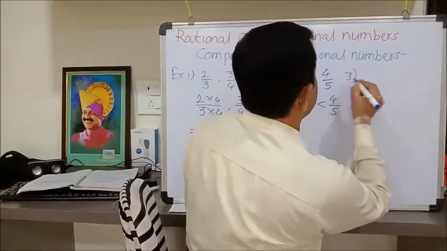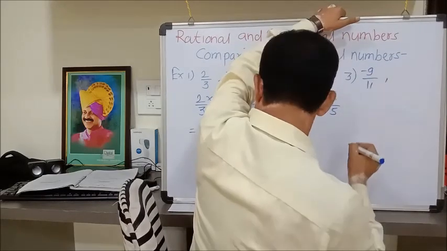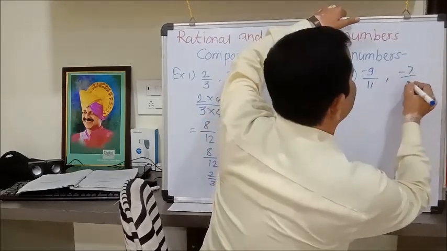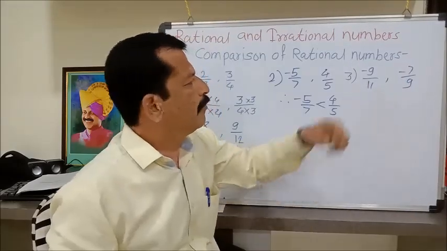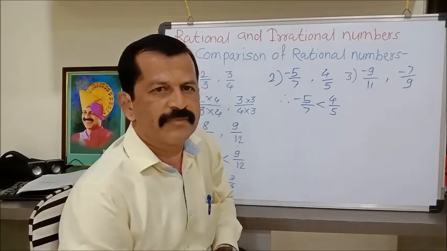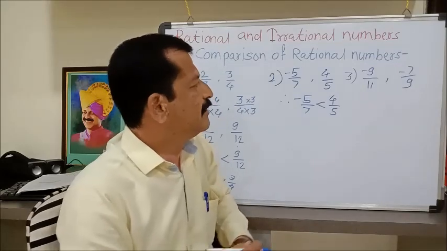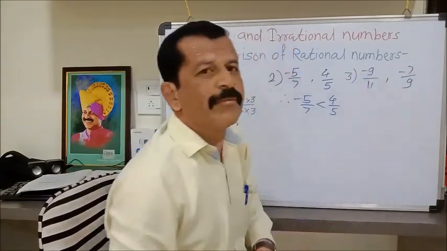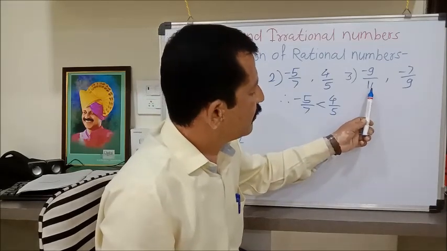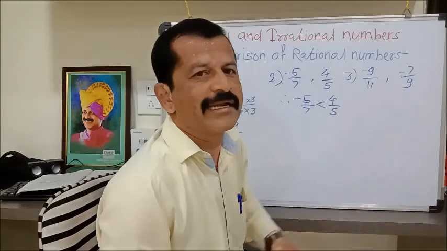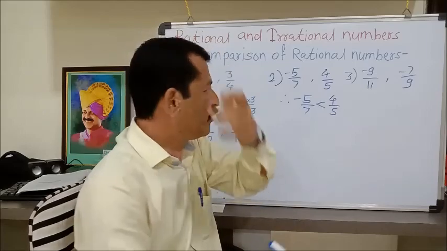Okay, next we take the third example. Negative 9 by 11 and negative 7 by 9. In this example, both rational numbers are negative. So we must equalize the denominators and find the common multiple of the denominators. In the table of 11 and the table of 9, 99 is the common multiple of both denominators.